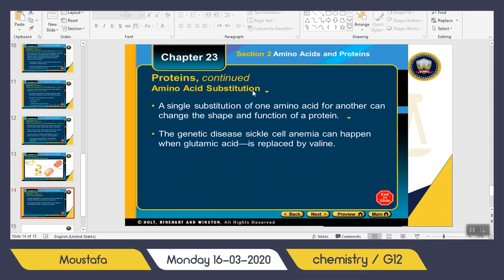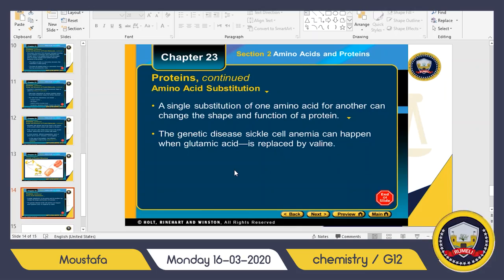Amino acid substitution: a single substitution of one amino acid for another can change the shape and the function of the protein. The genetic disease sickle cell anemia can happen when glutamic acid is replaced by valine.